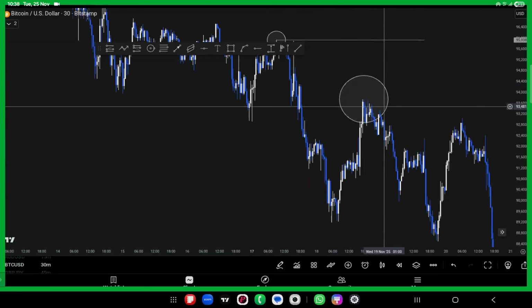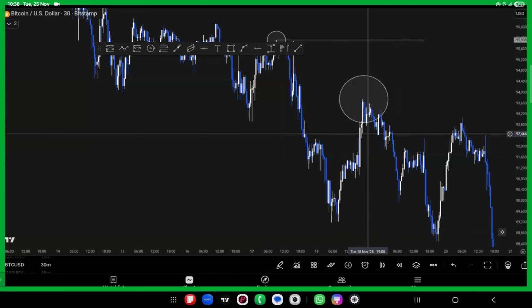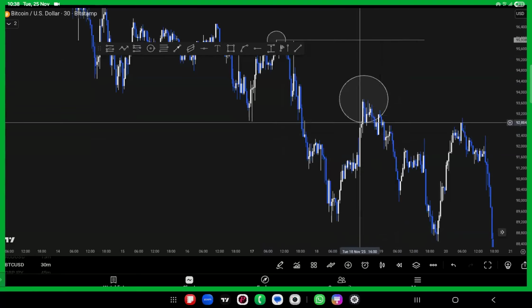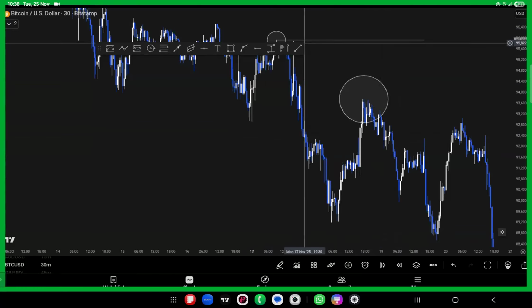Remember, the other one is regarded as the higher high because it was higher than the previous one. But this one is regarded as the lower high because it is lower than the previous high. All right, so that's for that.